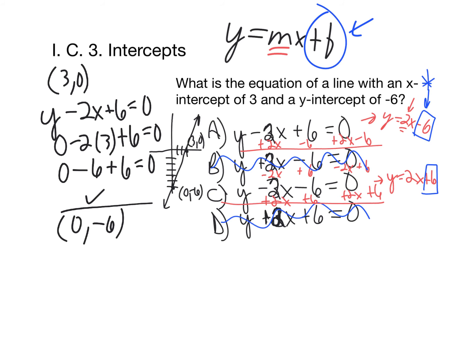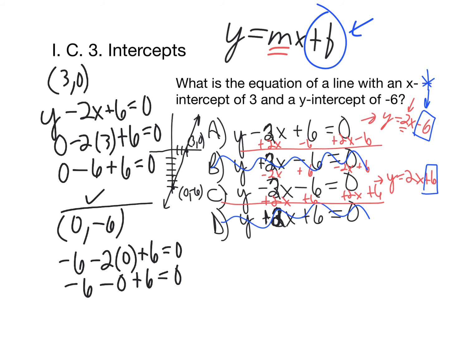So put a 0 in for x and put a -6 in for y. It would have been better probably to write the equation right there. It would be easier to keep track of what I'm doing. Sorry about that. Okay, so that works as well.